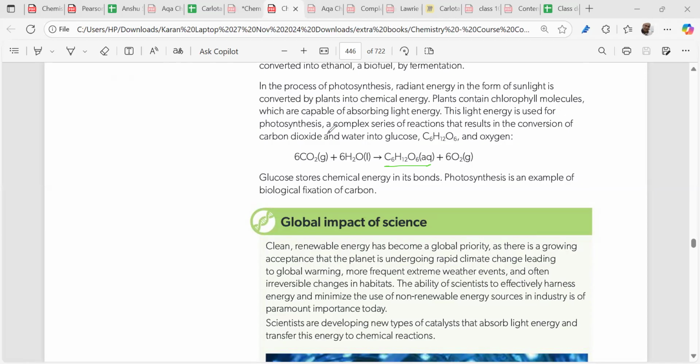Now, can we use a process called fermentation? In this process of fermentation, we take glucose, any glucose source. We can take potato, we can take rice, we can take corn.